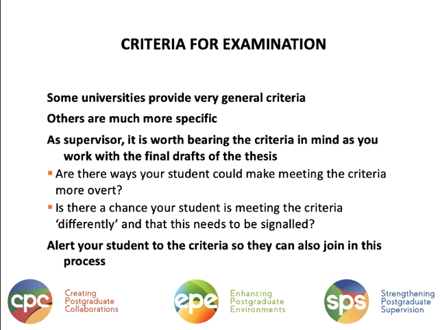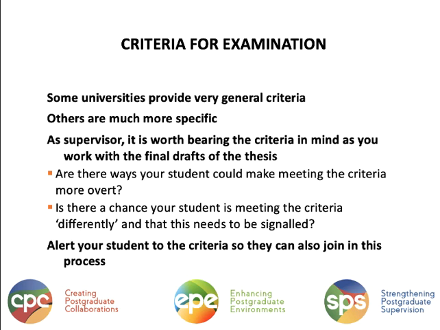And some of the things you can consider are whether or not there are ways your student could make meeting the criteria more overt. Is there any way in the thesis itself where they could signal to the examiner that they are actually meeting the criteria? This will often be quite subtle, but it's worth working out if there are ways to do that.